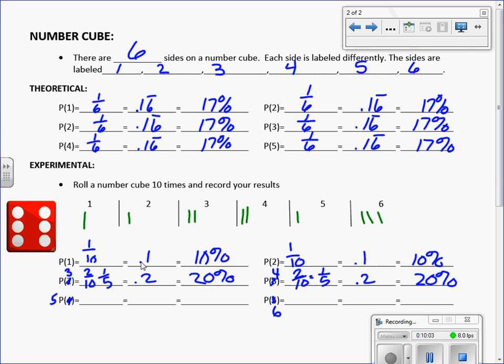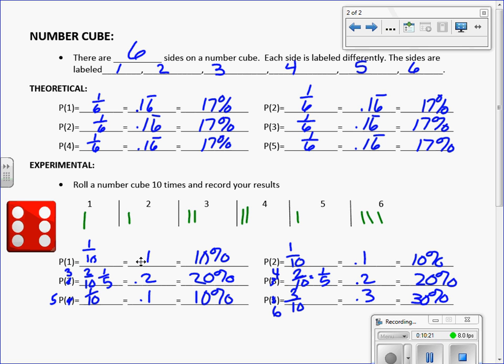Probability of 5 is 1 out of 10, 0.1, which is 10%. And then the probability of 6, I got 3 out of 10. And so it's going to be a 0.3 or a 30%.